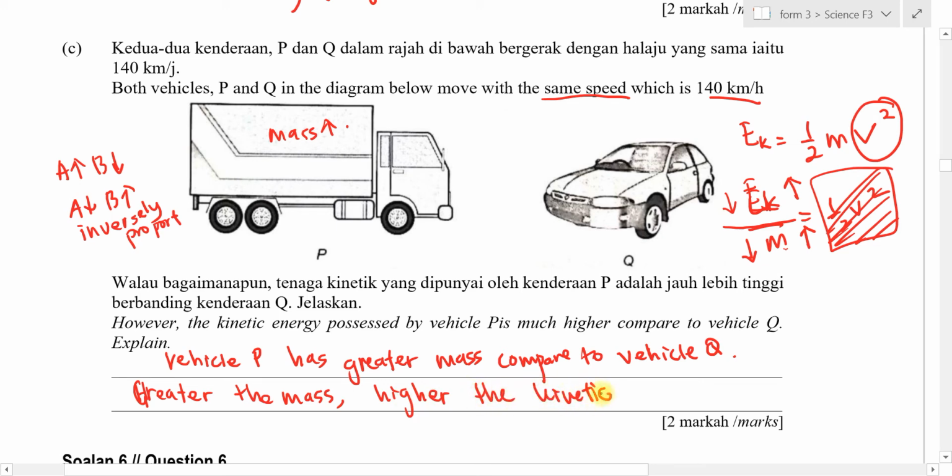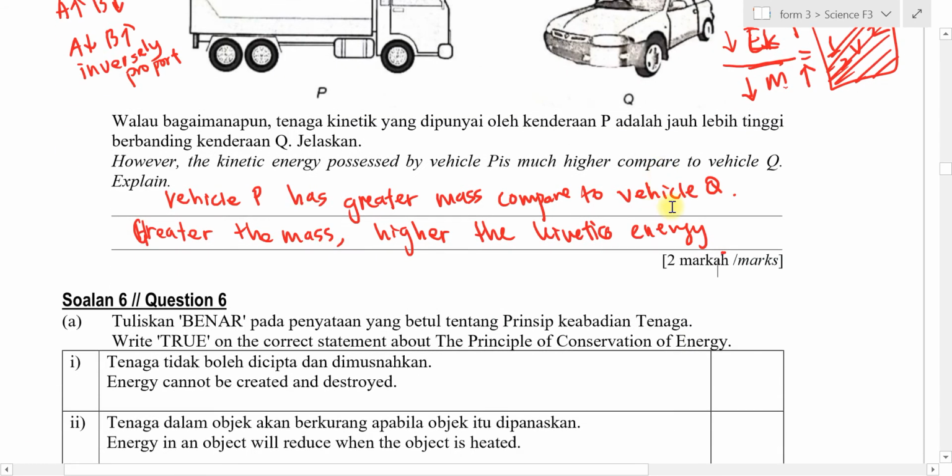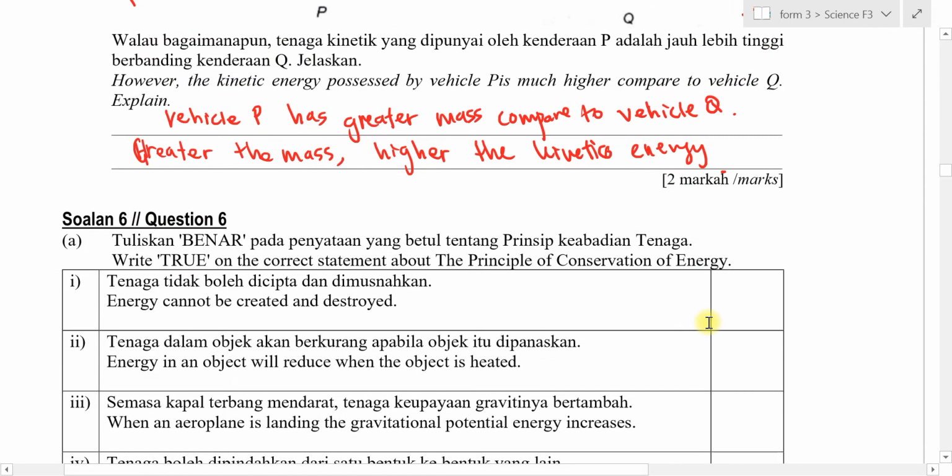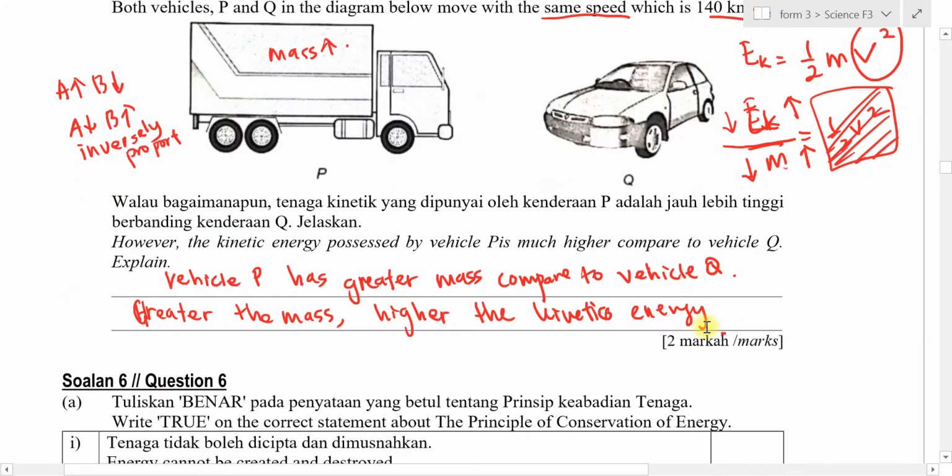And that explains why vehicle P possesses a much higher kinetic energy. Okay, vehicle P has a greater mass compared to vehicle Q. Therefore, the greater the mass, the higher the kinetic energy. So that will be the explanation for that.